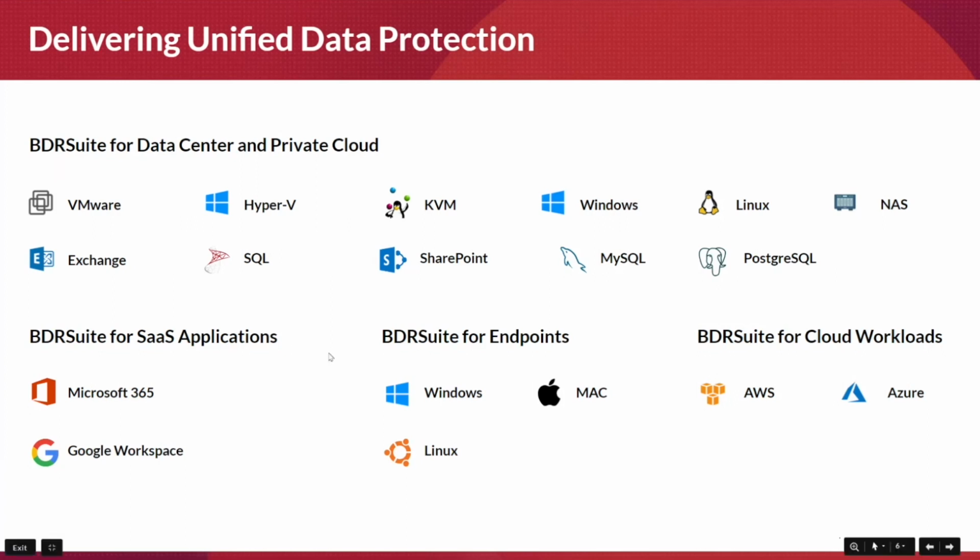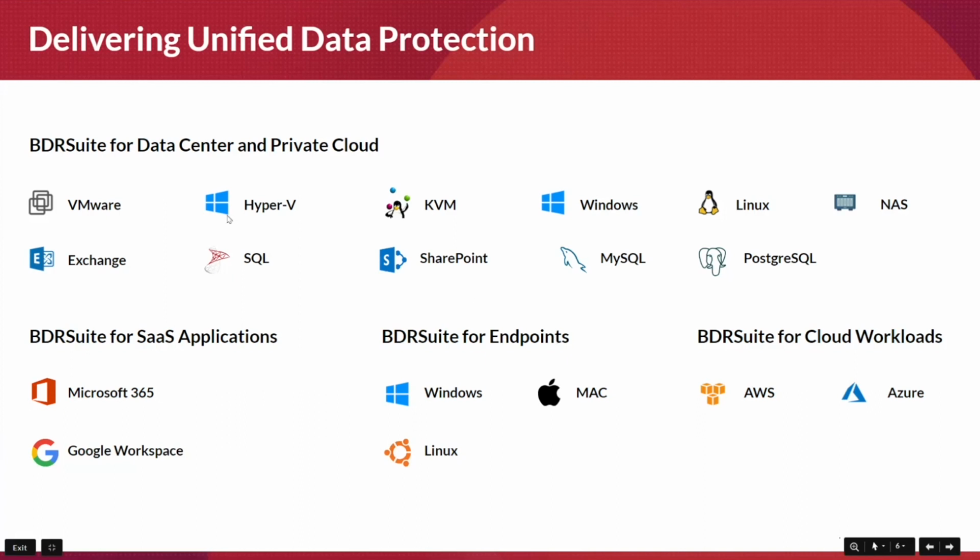So as you could see, BDRSuite is a comprehensive solution that could cater to all types of businesses, which includes your data center and private cloud, your SaaS applications, endpoints, and workloads, or whatnot. It is mostly for all your environments that we support.